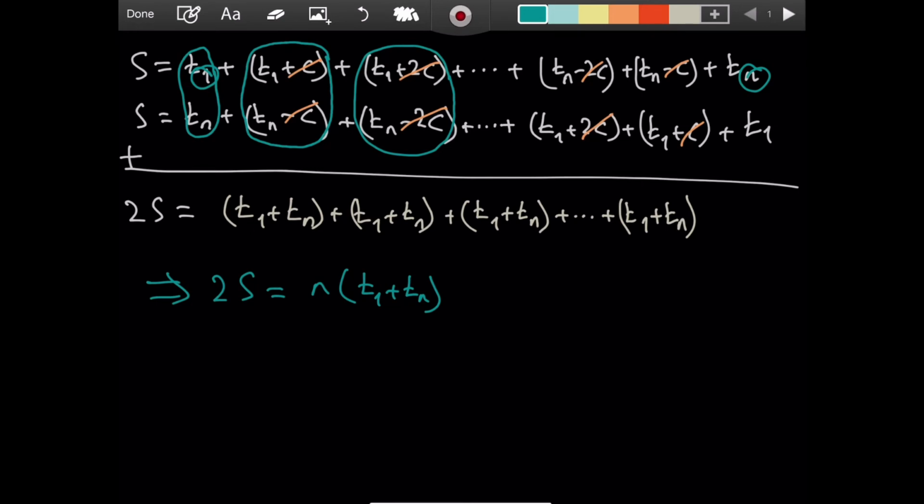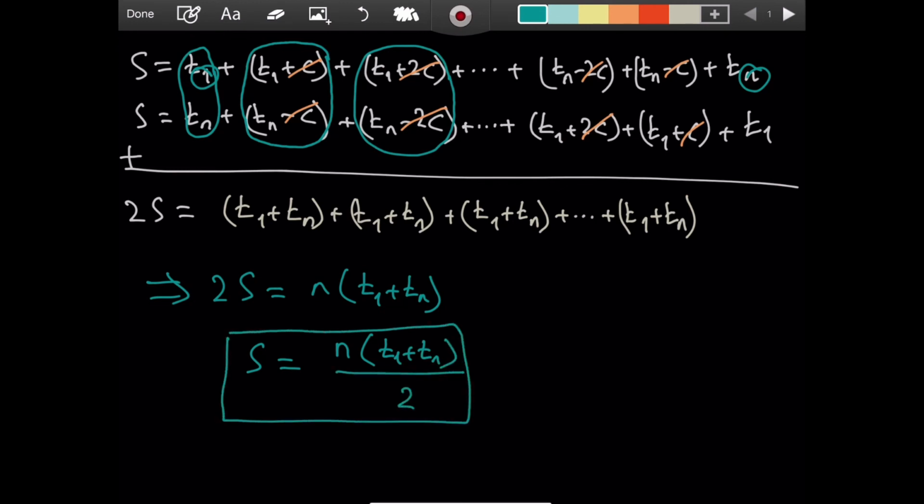That is multiplication basically. So if we solve for s by dividing both sides by 2, we get that s, the sum of an arithmetic series, is equal to n times t1 plus tn divided by 2. And this is in fact the formula that we wanted to prove. Now I also want to explain this using English.